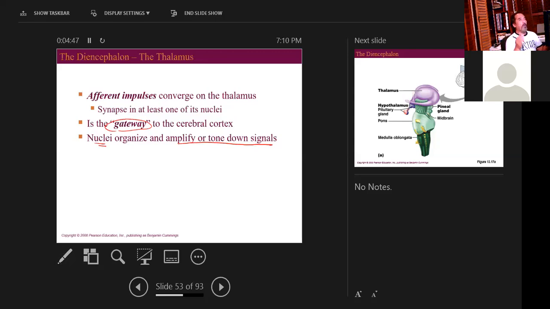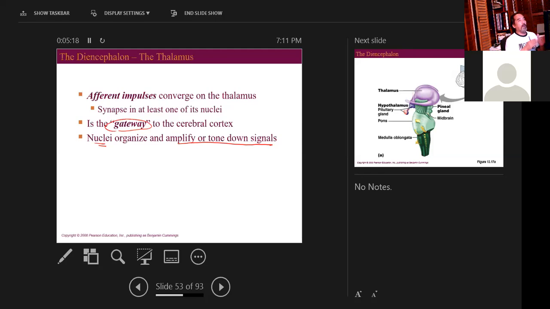Just remember, you have a lot of these afferent messages coming from your environment. If you let all those messages go to the cerebrum, it's going to be confusing. So what does the thalamus do? It tones down the sensory messages coming into the cerebrum, or even amplifies something that is coming in. So it won't allow just anything to go into the cerebrum.